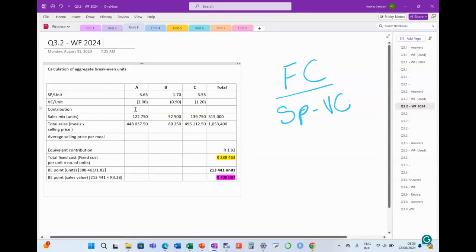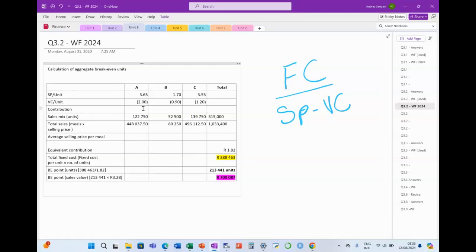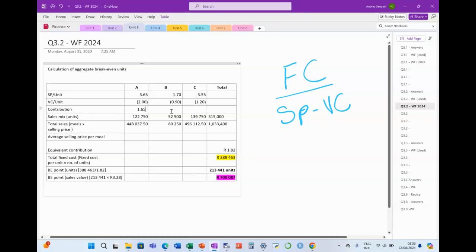So you can see here I've already inserted your selling price per unit for A, B, and C. So let's quickly calculate the respective contributions. A is obviously going to be what? 1.65.